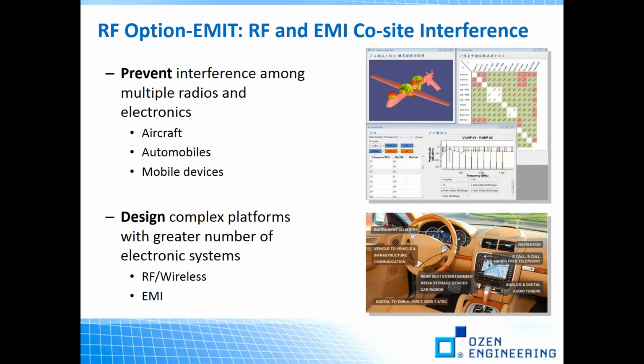If you have a platform with multiple antennas and different radiations, you can look at the interference, and it tells you, for example with a red spot, where you have interference. Then you can put in a filter or do something, or change the placement of the antenna, to eliminate the interference.